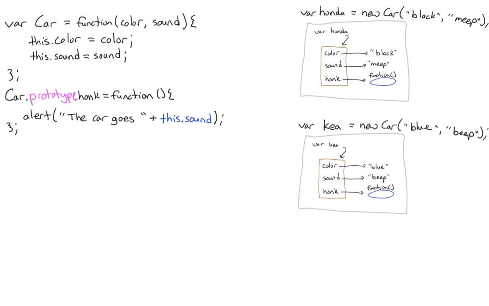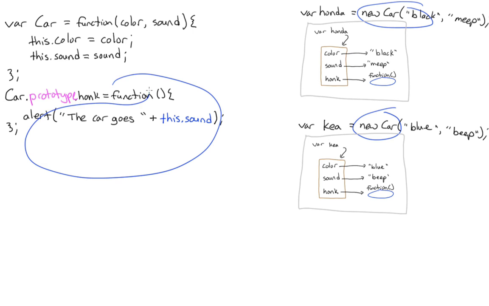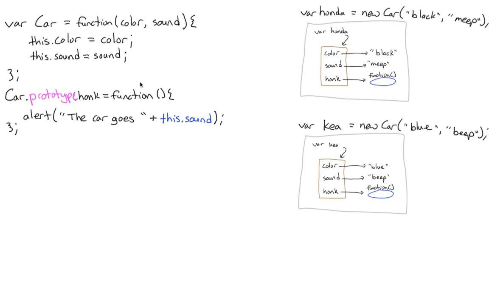Now, every new object that we create will have a reference to this function. And it's just one single function. So there's no longer any duplicate functions going on. Let's see what this looks like in our diagrams.